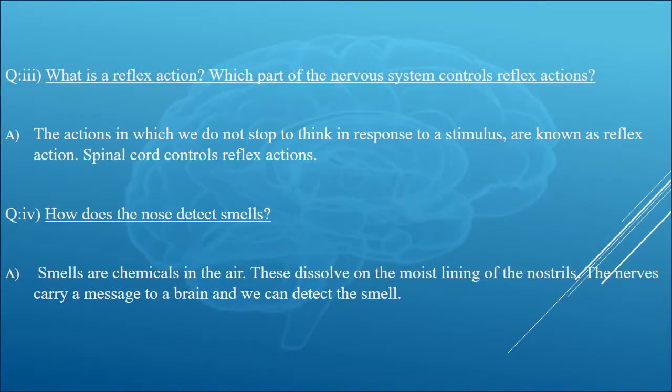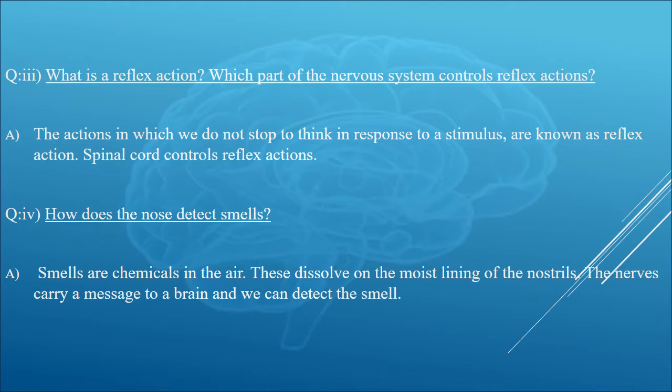Question number 3 is what is a reflex action? Which part of the nervous system controls reflex actions? The answer is the actions in which we do not stop to think in response to a stimulus are known as reflex action. Spinal cord controls reflex actions.